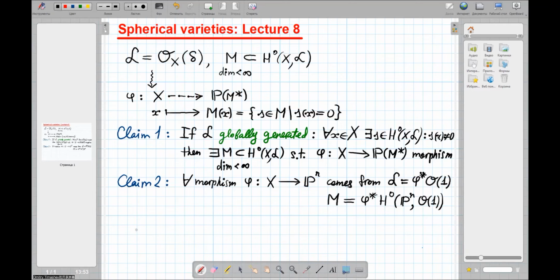Yet another piece of terminology which you probably know, at least you should know if you studied algebraic geometry.